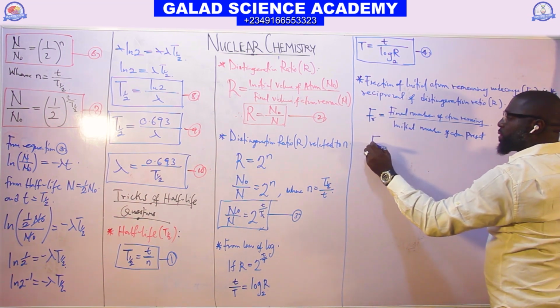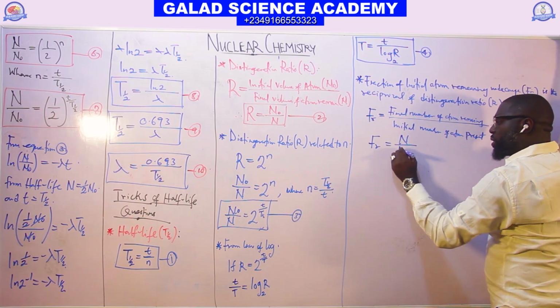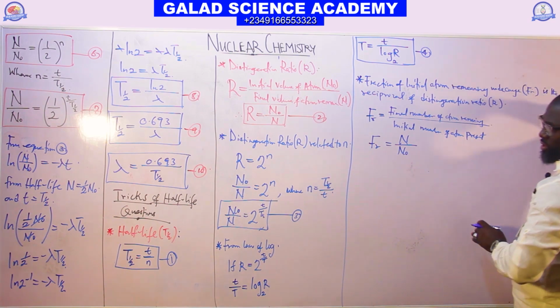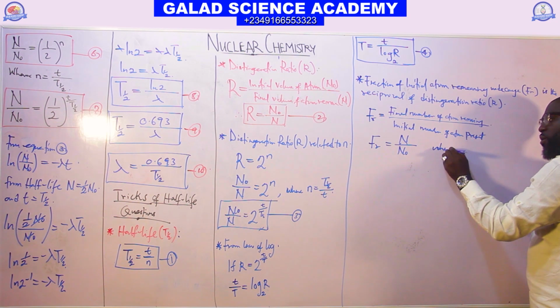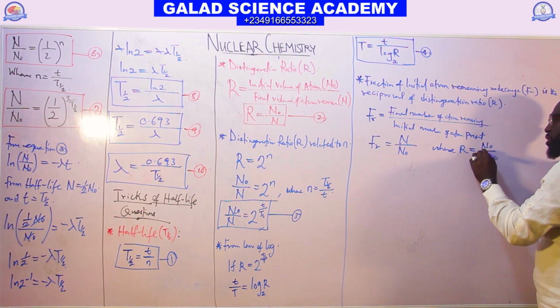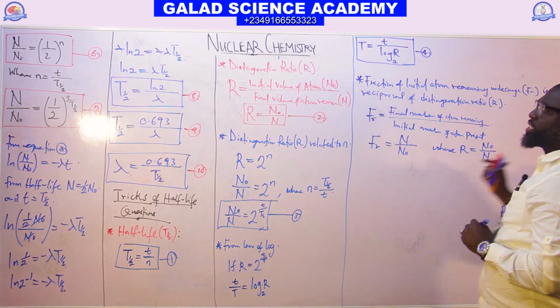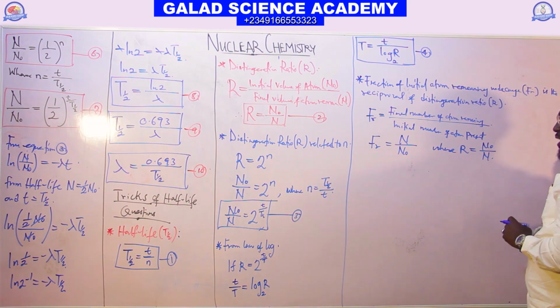Which is written as FR is number final over number naught. But where R is N naught over N, the disintegration ratio, but I said it's the reciprocal.